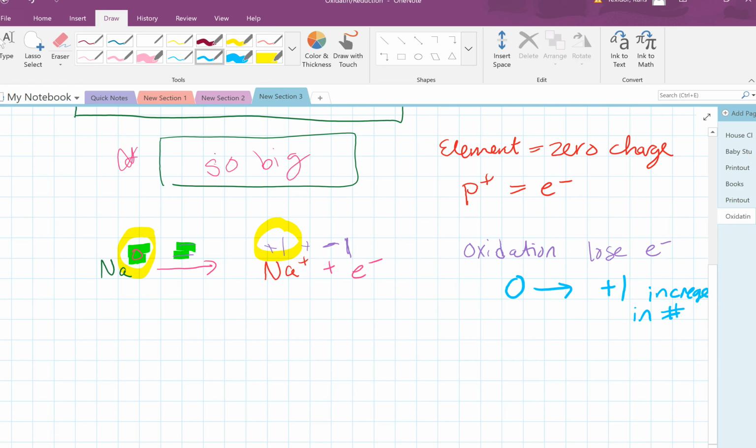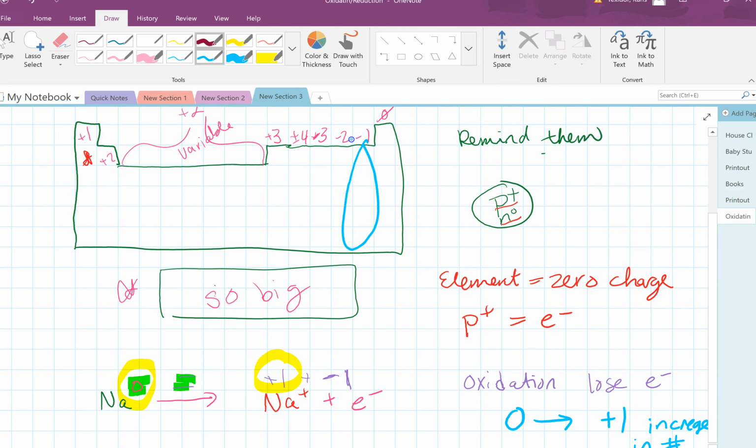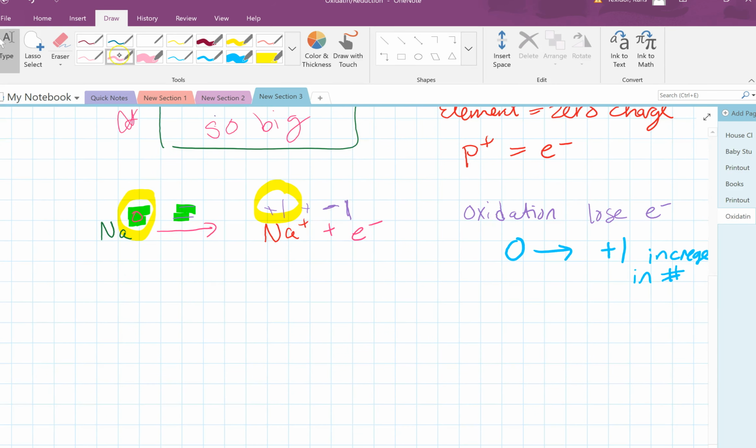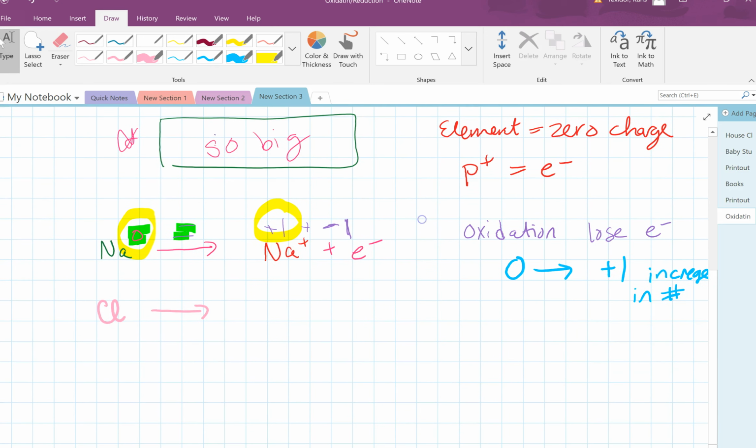Now if you look at the other way around, if we look at, say, chlorine, ends up over here. Okay, chlorine. And we know chlorine needs to make a -1 charge because it's over in that side. How are we going to make a -1 charge for chlorine? The only way to do that is to add electrons.